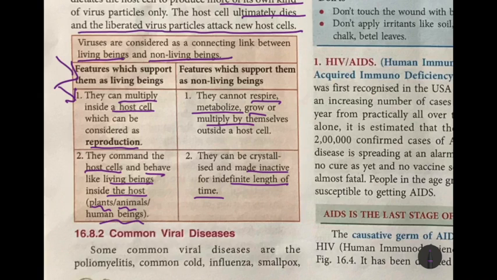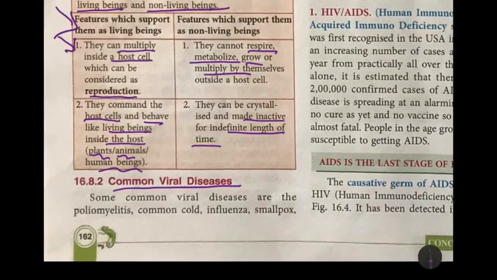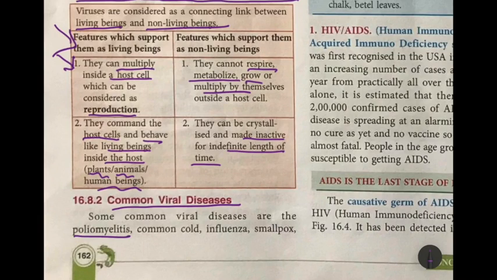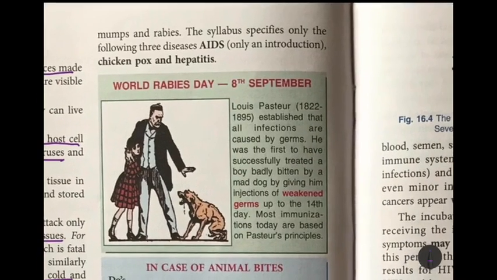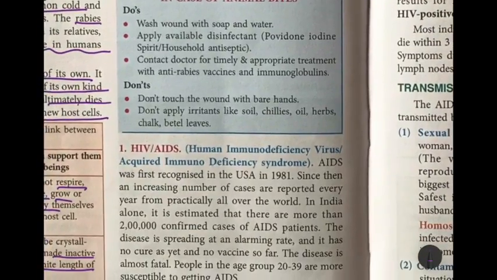I will be talking about the common viral diseases, and you'll be writing the same thing for the viral diseases: the causative agent, that is the virus, the symptoms, and treatments. The common viral diseases are polio, common cold, influenza, smallpox, mumps, and rabies. Your syllabus has only AIDS, chickenpox, and hepatitis.